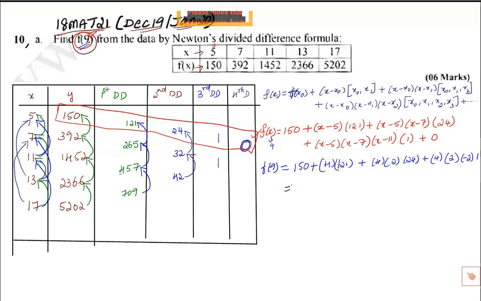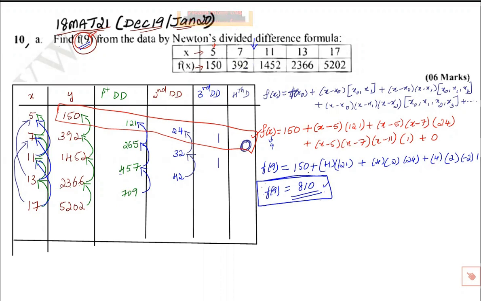You will get the final answer as 810. Therefore, f of 9 value is 810. Or you can check your answer: f of 9 lies in between, greater than 392 and less than 1452. That answer is 810.